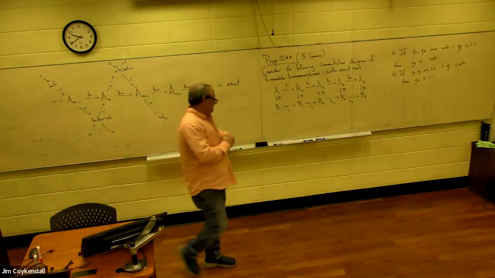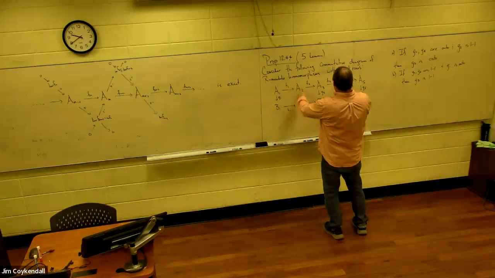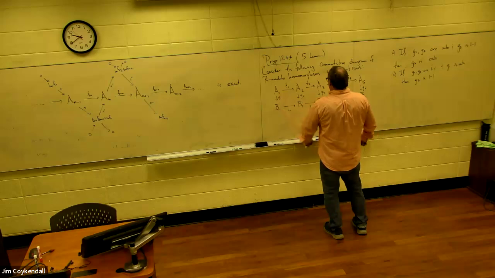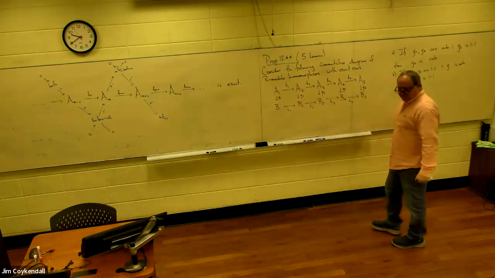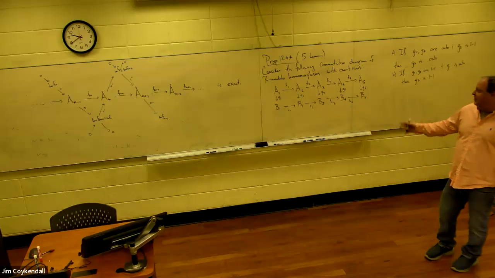So if these two animals are 1 to 1 and this one is onto, the middle one is 1 to 1. That's kind of amazing, right? Because ostensibly these could be anything, but the exactness of the rows and the commutativity of the diagram gives you this.